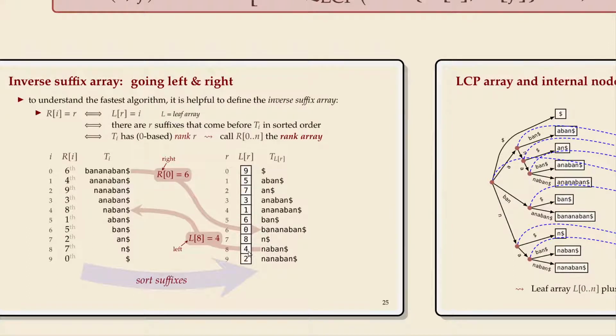L tells you where this suffix starts, the first, the second, etc. in the sorted order. And we also had R, the rank array, which is the other direction, the inverse permutation. You have the starting positions in the text, and then R tells you what is the rank in the sorted list. And so you can use this to go right and left in this picture.